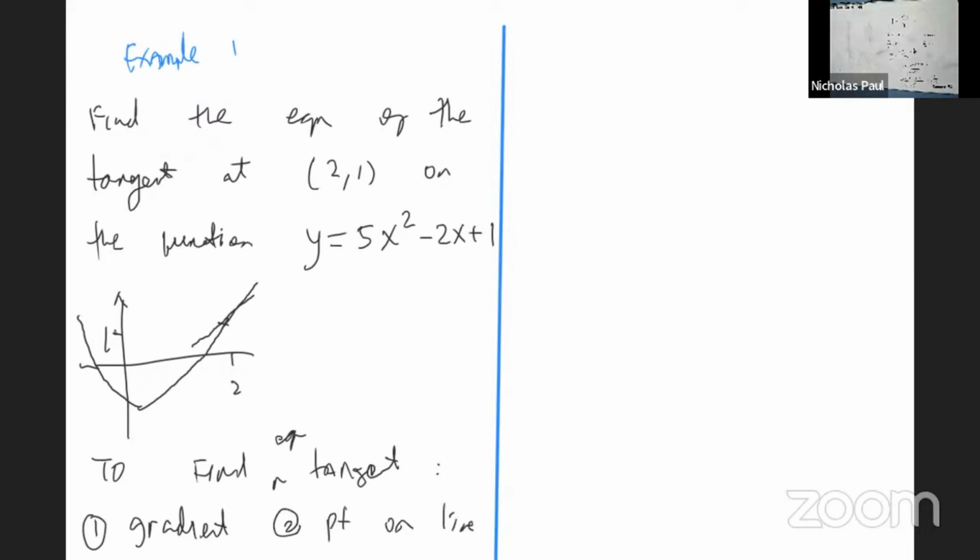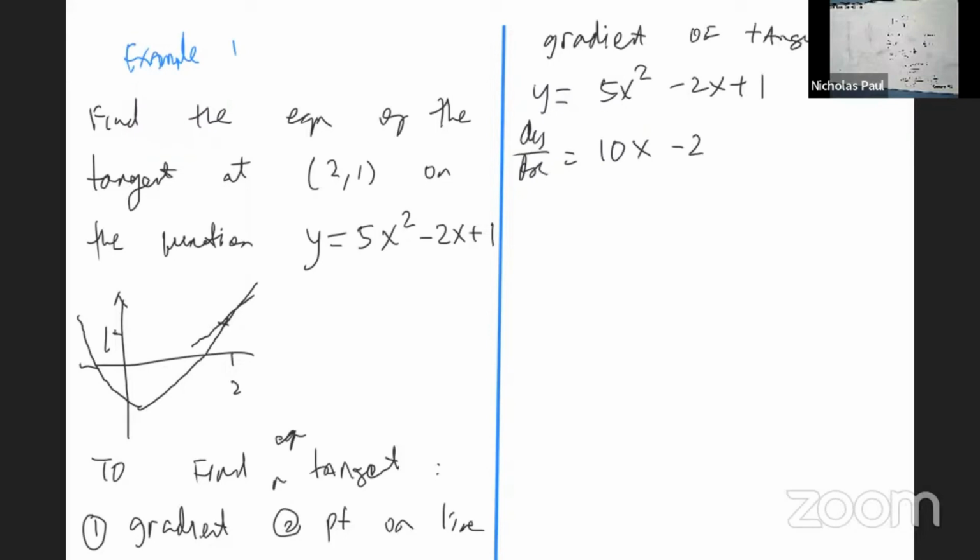So how are we going to get the gradient? We have to differentiate. So y = 5x squared minus 2x plus 1. So dy/dx is how much there? 10x minus 2. Right. How do we get the gradient of the tangent? All we have to do is substitute the x value.